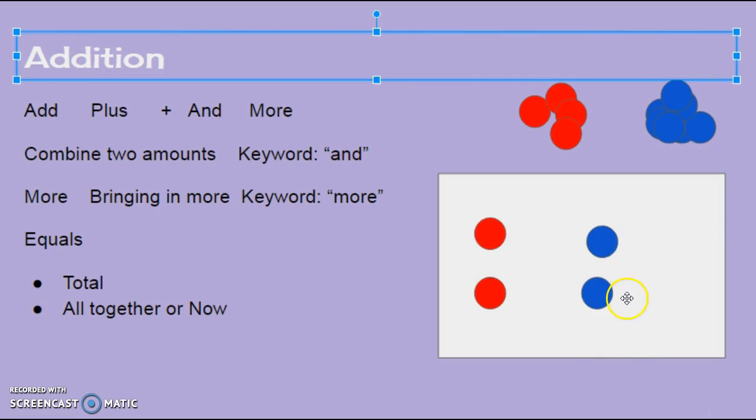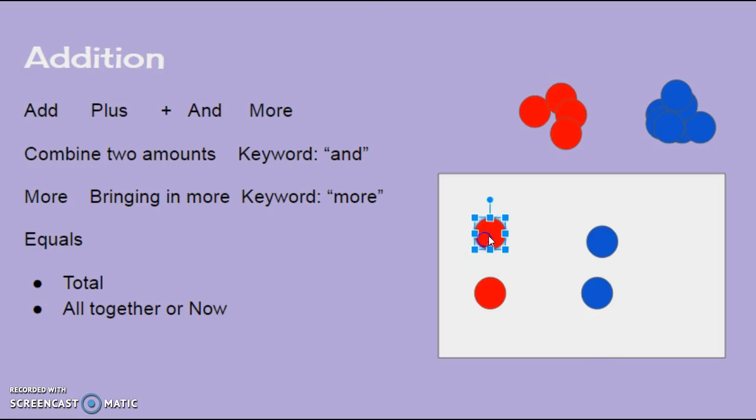So that would be combining two amounts together, red fish plus the blue fish. So of course, as I would with any addition problem, I'm going to add the two amounts together, either by counting up, I already know I have 2, 3, 4, or counting right from the beginning all of the amounts that I have, 1, 2, 3, 4. So that is an example of combining.